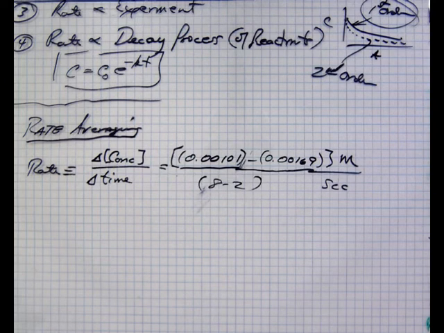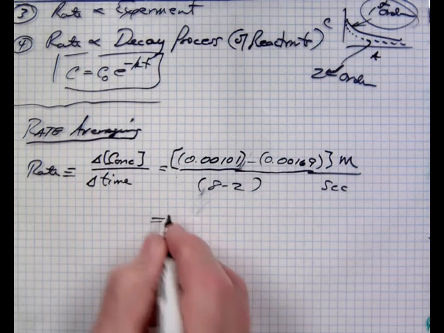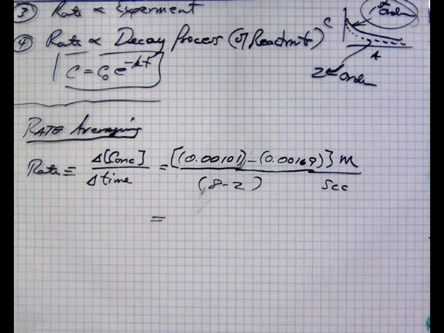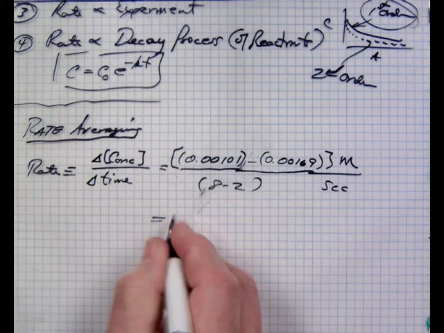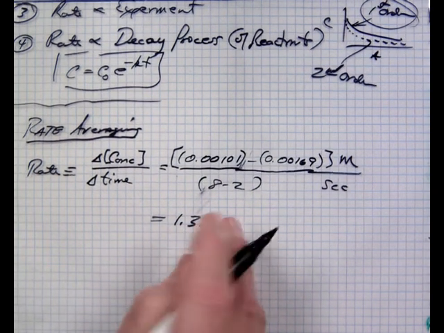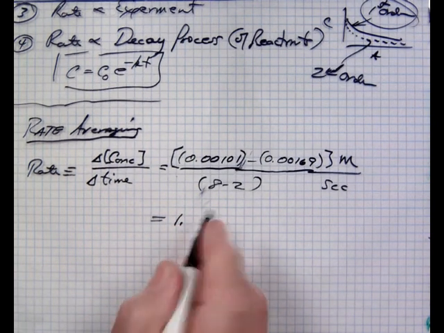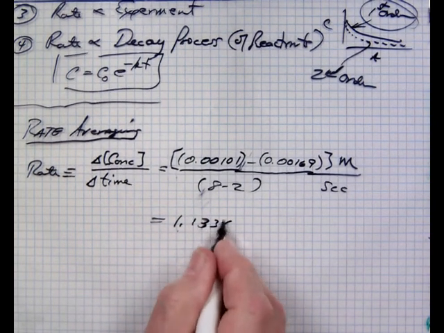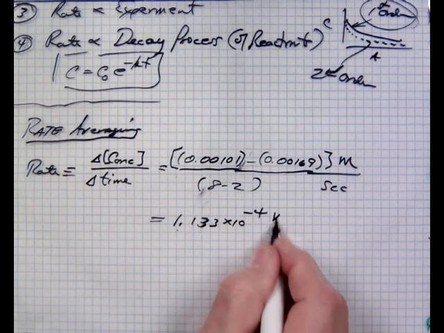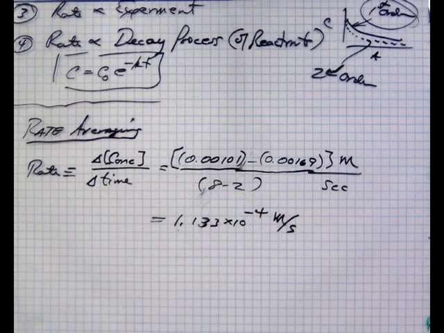So we get around 1.133 times 10 to the minus 4 mole per liter per second.